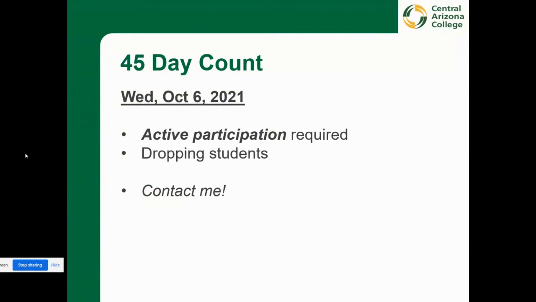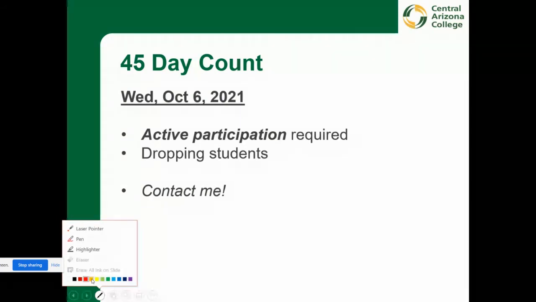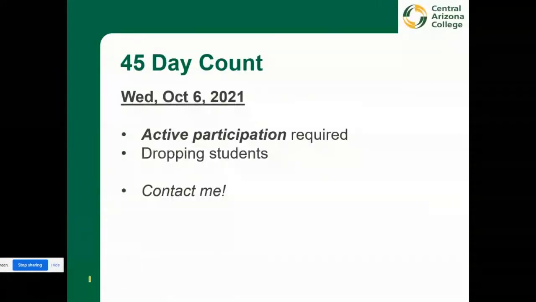As some of you who have been with the college a little longer know, we do a 45-day count every semester as a way of being in compliance with the federal regulations for reporting. The 45-day count helps us make sure that the students in our class are actually recorded, and that students who are not participating are not reported as if they were attending.